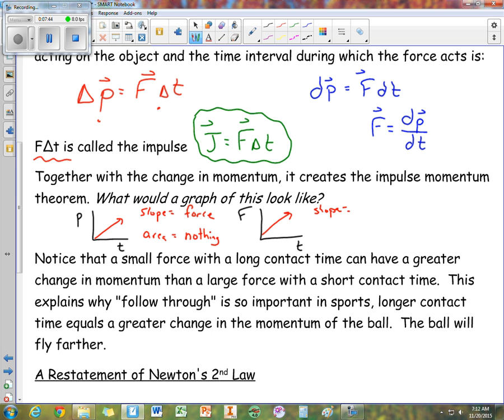So that would be a kilogram meter per second cubed. I'm not sure if that means anything. Area. That would be a force times a time. Well, a force multiplied by a time, that gives me change in momentum, or impulse. So the area could be change in momentum or the impulse.